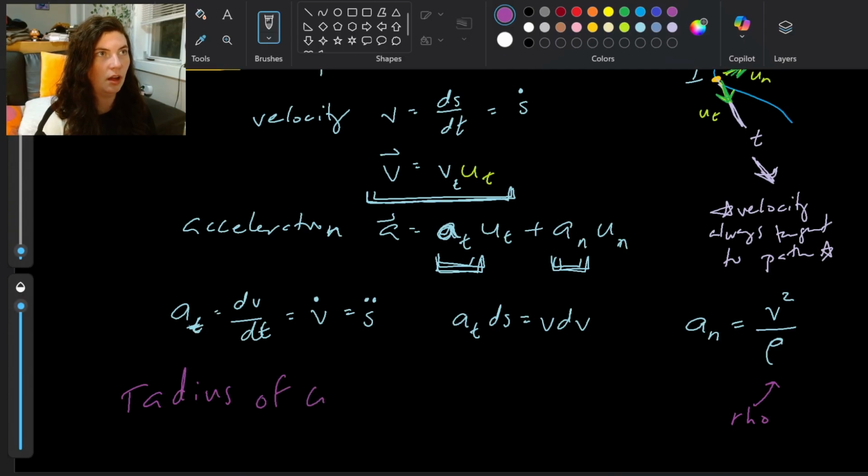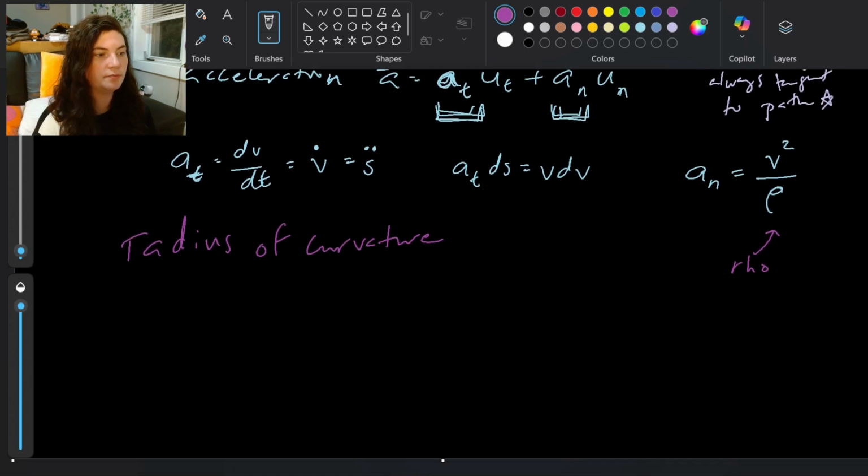Radius of curvature. So what this means, this radius of curvature, is that on some curve that we have, if we pretend like this curve goes into a circle, the portion of this curve here matches up with a circle.